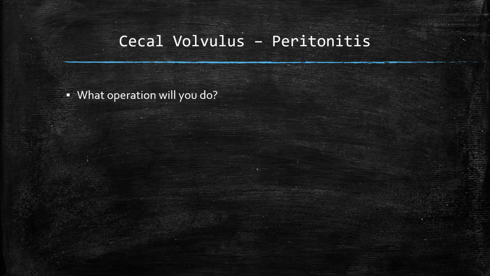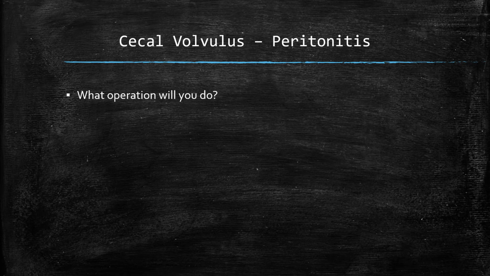Some argue that you shouldn't, that untwisting it will release the evil humors and that you'll get a reperfusion injury like you might see after reperfusing an ischemic leg. So if the bowel is clearly dead, it makes some amount of sense to not untwist this volvulus.